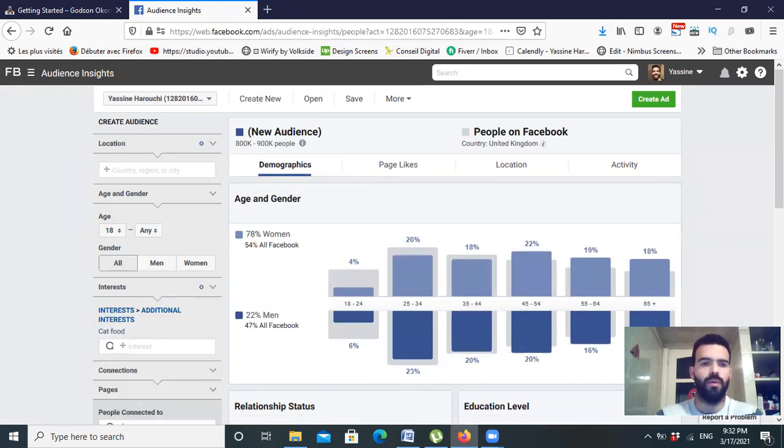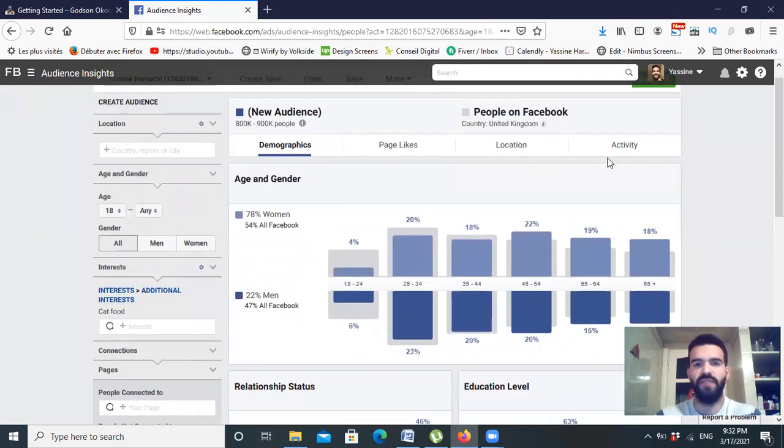What you're normally going to see is that if you're promoting your product in the UK, it's going to be 78% women and 22% men. So generally you would go on Facebook ads and just promote this product mainly to women, because they're the majority interested in the cat food product.